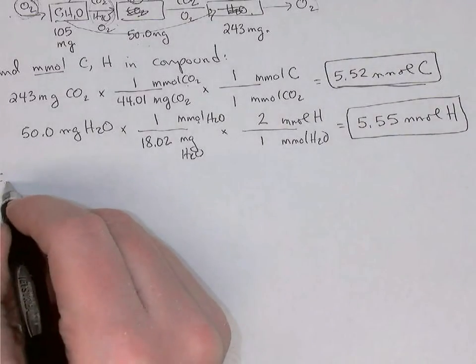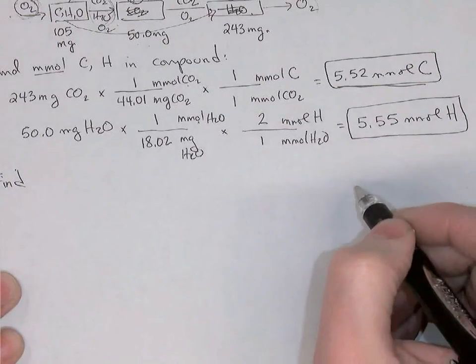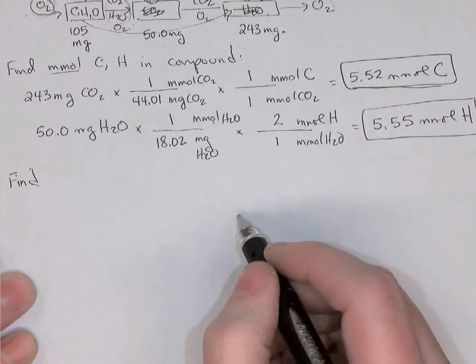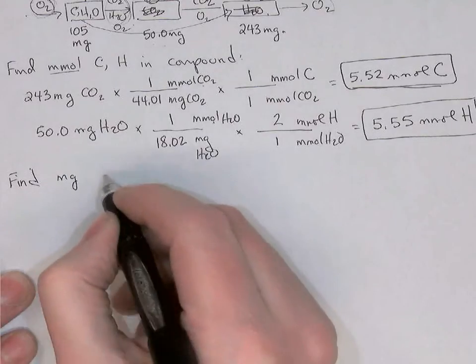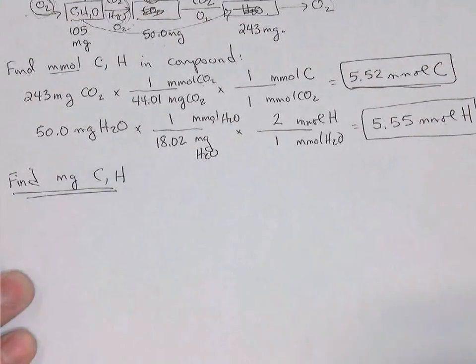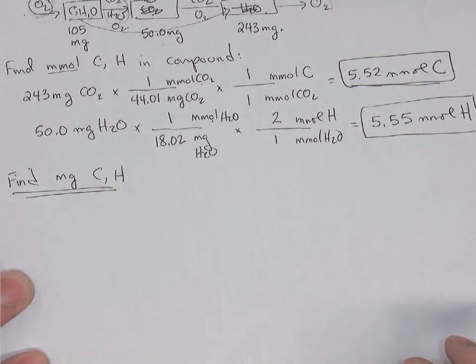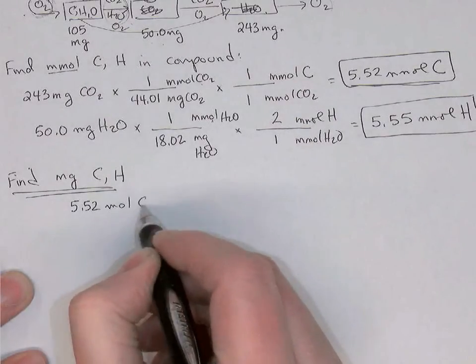Follow with me. I'm going to take the millimoles of carbon and hydrogen that I've got, and I'm going to go find the milligrams, the masses of carbon and hydrogen. So 5.52 millimoles of carbon.